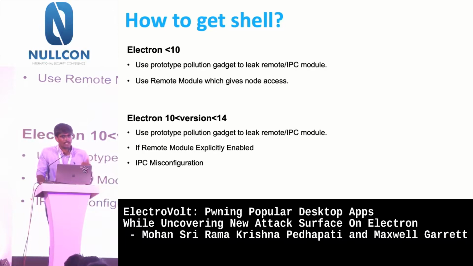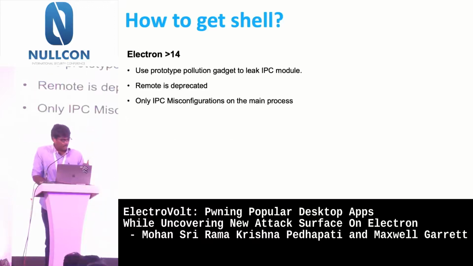I'll be talking more about this in the coming slides by showing an exploit in Microsoft Teams. Now, the latest Electron versions have completely removed the remote module, which means we can't use it at all because it is not safe. So they removed it completely.